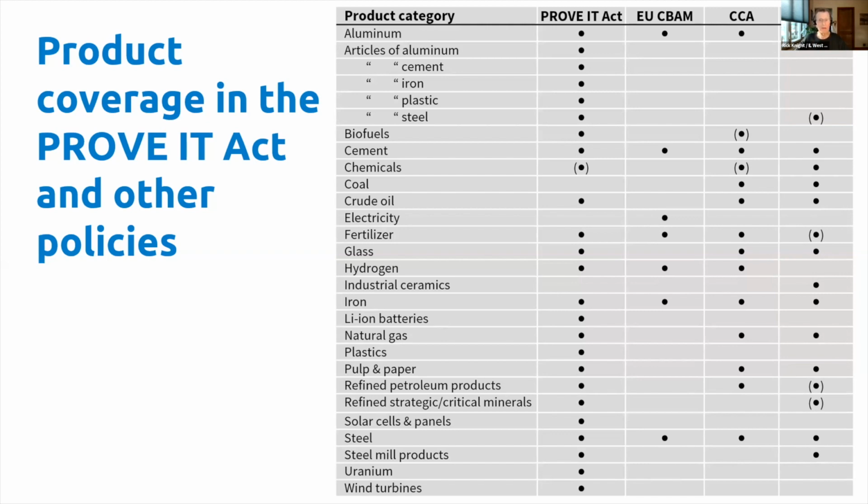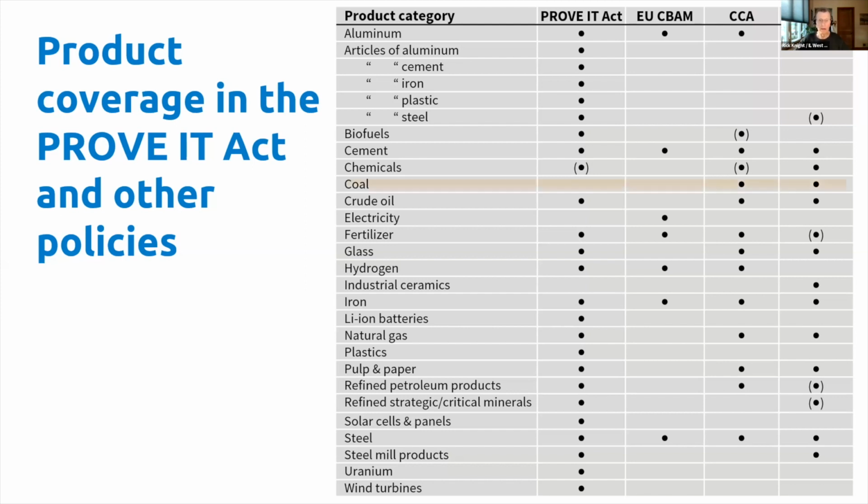So without trying to parse out everything here, you can see, first of all, that the Prove It Act covers the most things. The EU CBAM, on the other hand, only includes 7 out of those 28 categories, while the CCA covered 14 and the EICDA specified 16 categories.